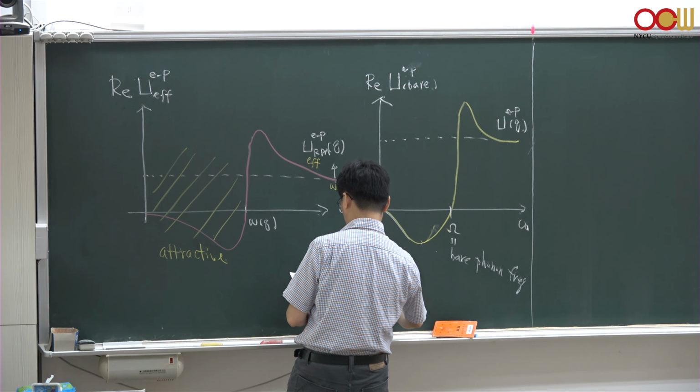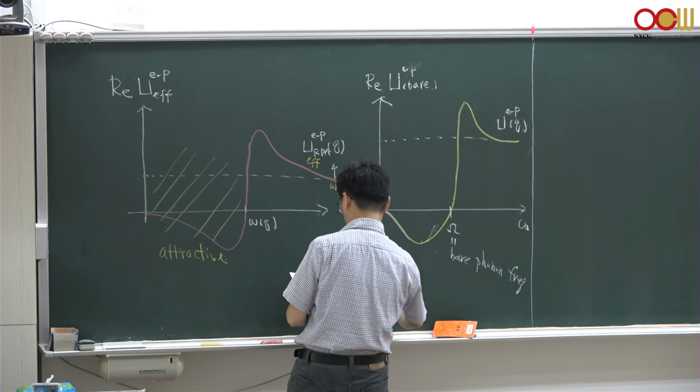Qualitatively the features between these two are the same, right? So in other words, if your external frequency is smaller than some critical value, which is your phonon frequency, then this effective electron-electron interaction mediated by phonon becomes attractive. But this renormalized version should be more accurate.